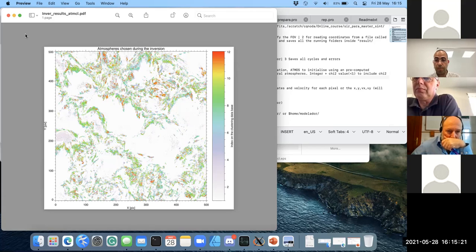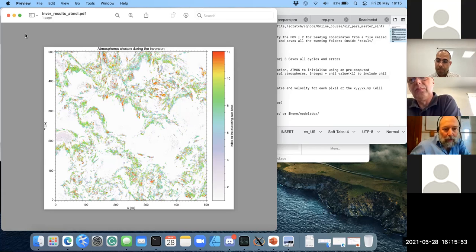So just keep in mind that there are some options, but I would not spend too much time on this. Just try to keep, as Basilio said, a wide range of atmospheres to avoid local minima. The atmospheres should be as different as possible to cover a large map of options, but just pick the value that you feel comfortable with, and if it's above 5 or 10, then you should probably be more or less okay.